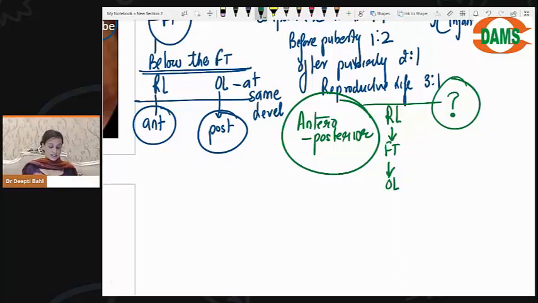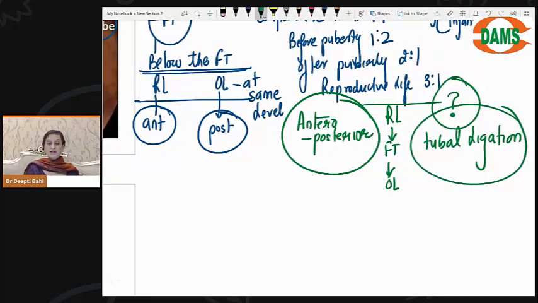Because whenever we are going to do a procedure on the fallopian tube, it is very important to identify the correct structure, right? If you do not identify the correct structure, you will do the procedure wrong. For example, there is a procedure called tubal ligation, or female sterilization.